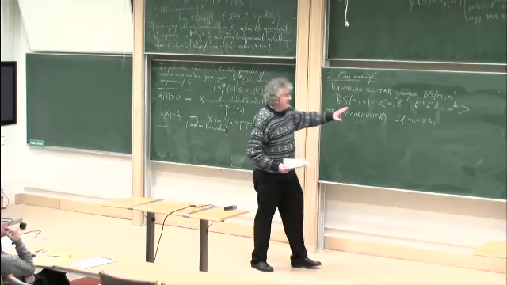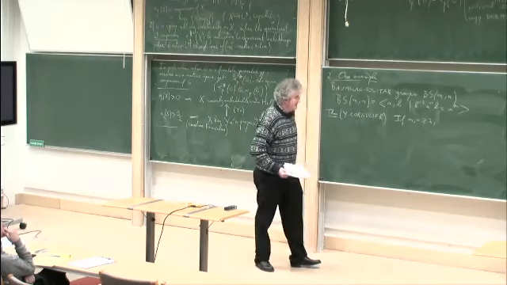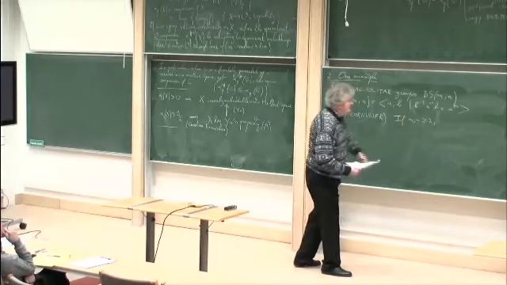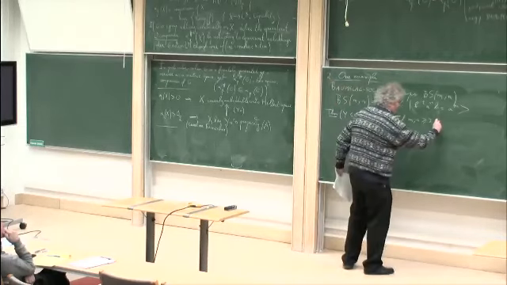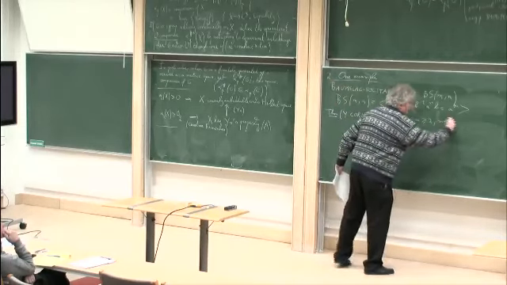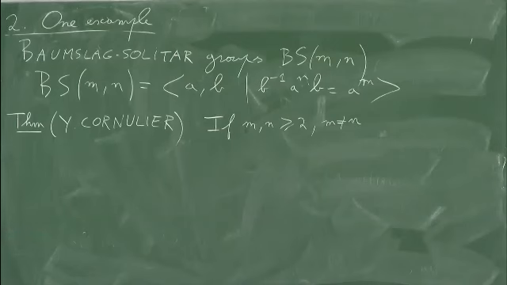They start being more interesting when both of the exponents are at least 2. And Yves also has to assume that they are not equal. You'll see why in the proof, which I'm going to sketch.